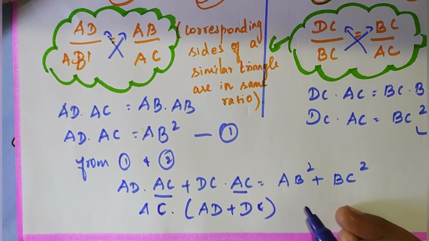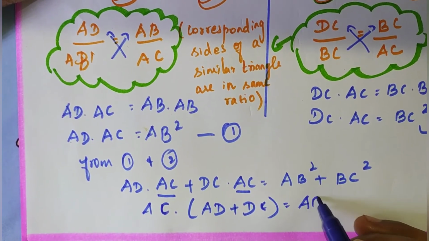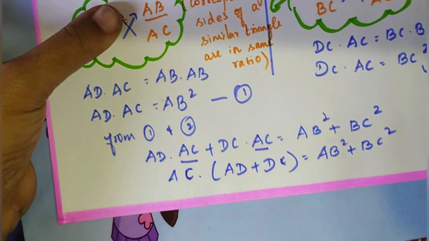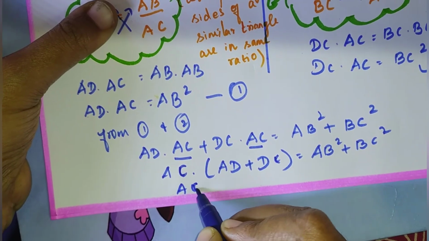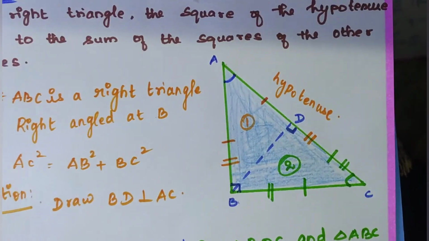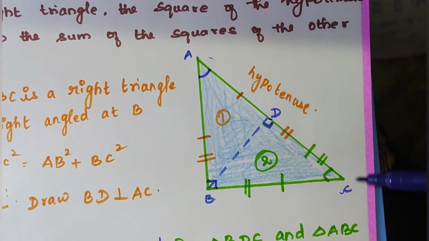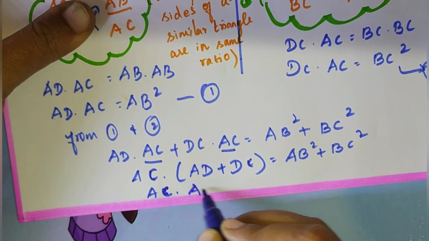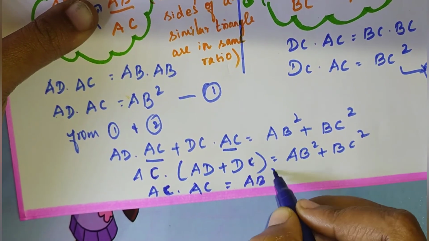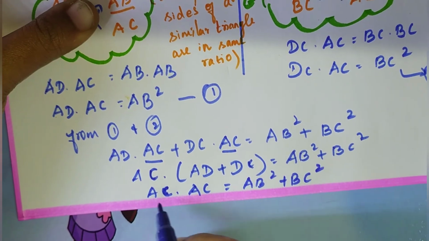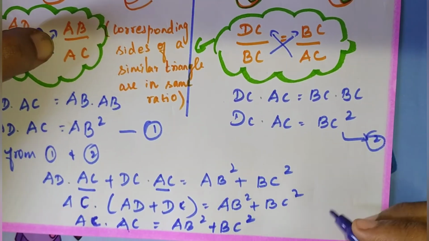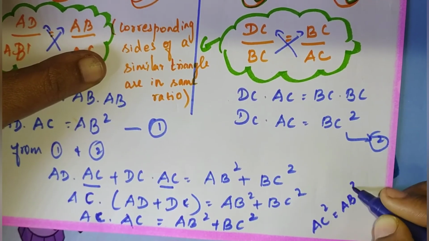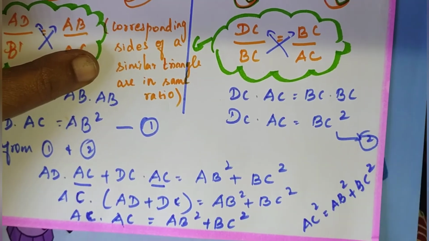AD plus DC is the whole side AC, so AC into AC, we can write it as AC square is equal to AB square plus BC square.